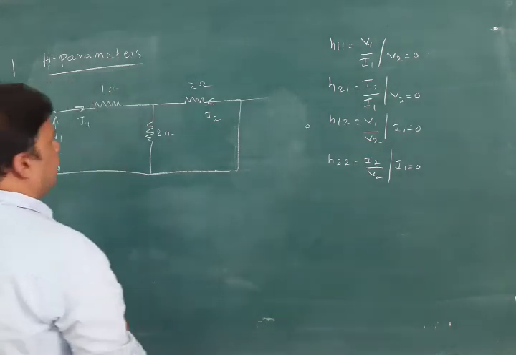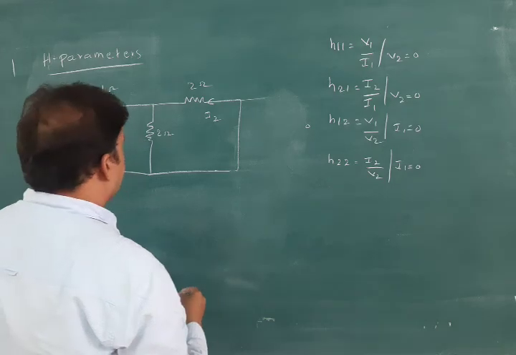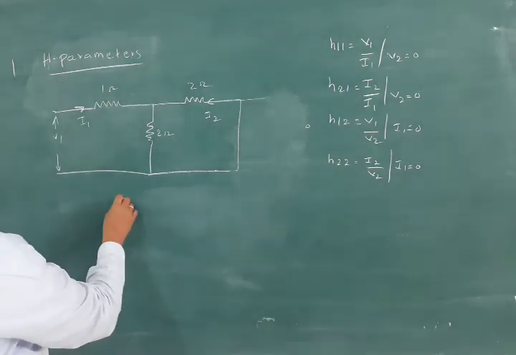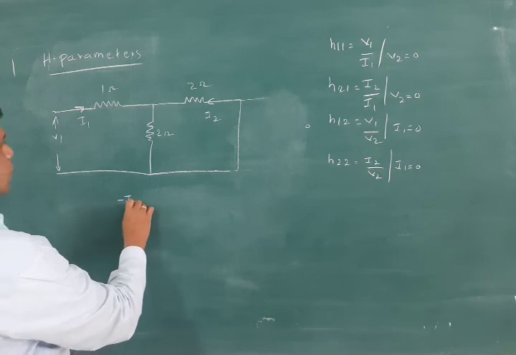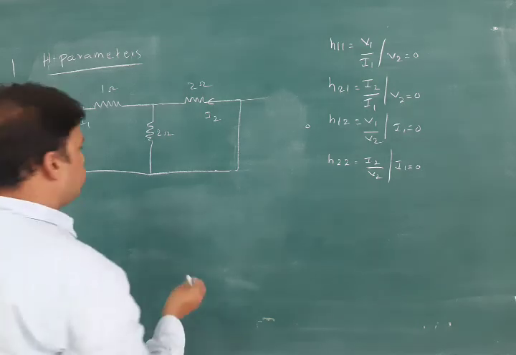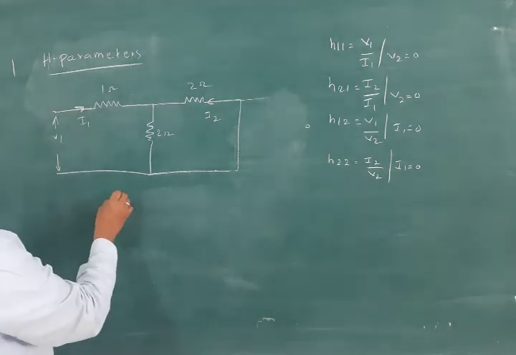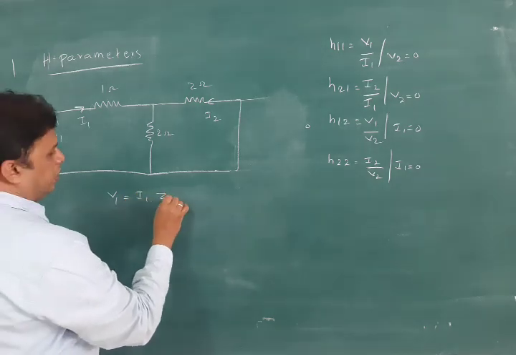So what we require here is V1 by I1. First of all we will find V1 is equal to I1 into Z equivalent.